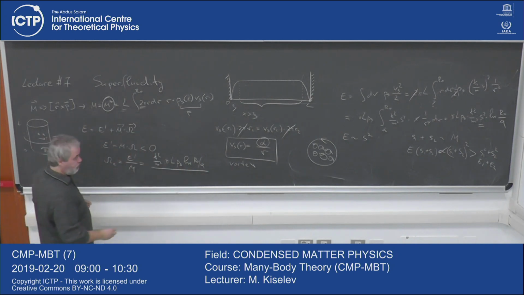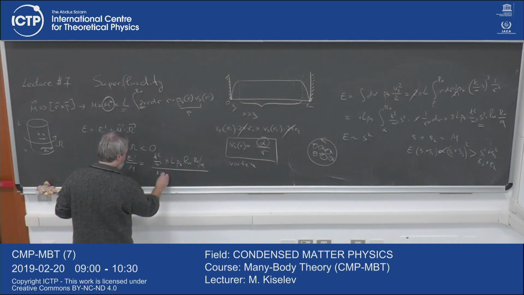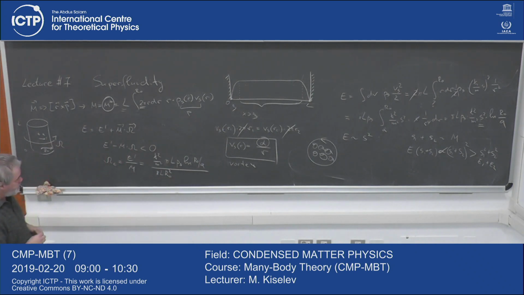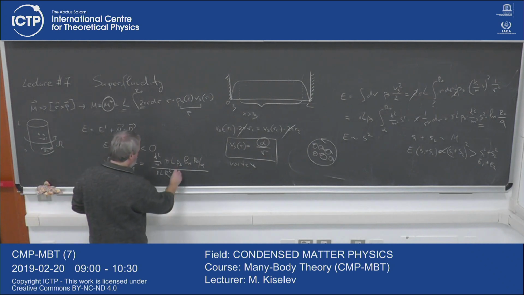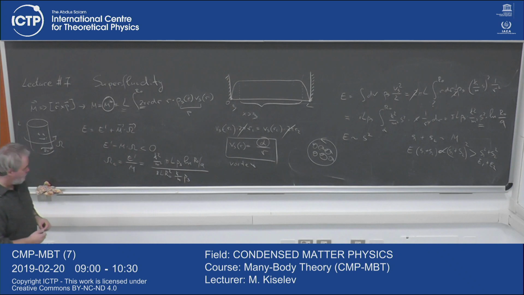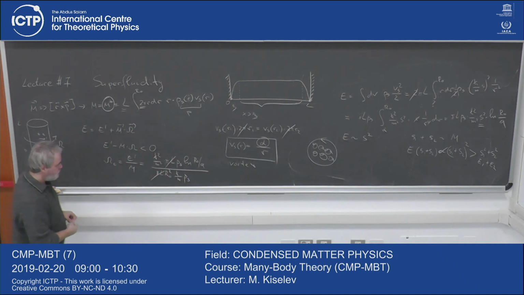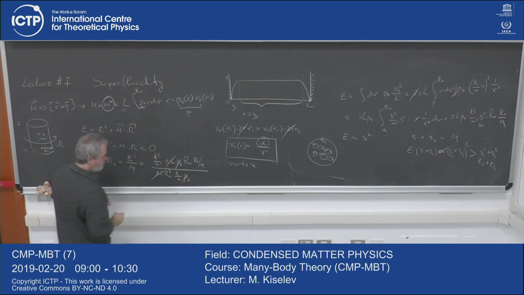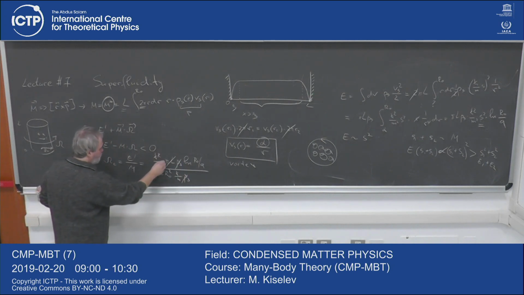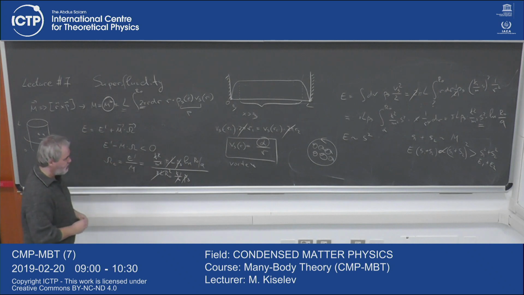And for the momentum, we have pi L r node squared times h squared over m rho s. So pi L cancels out, rho S cancels out, and h square over m in the first power cancels out.